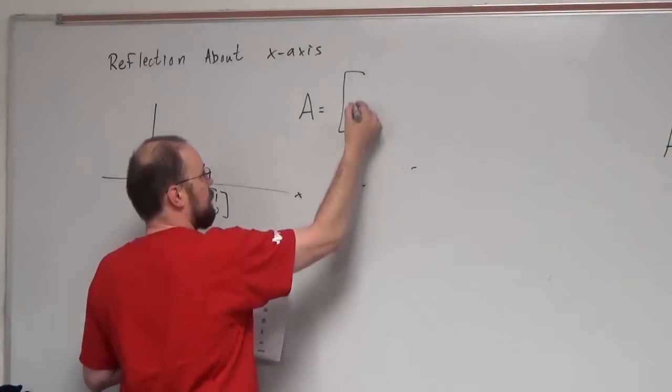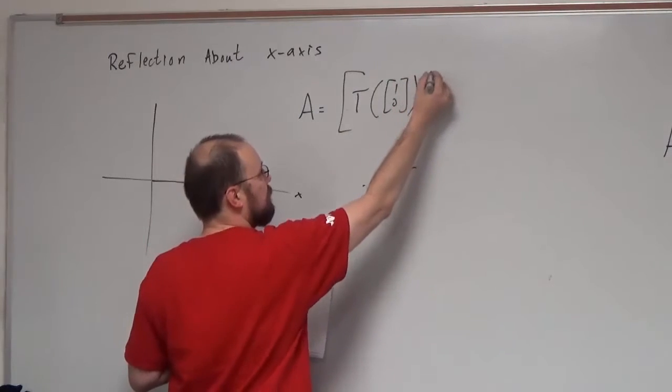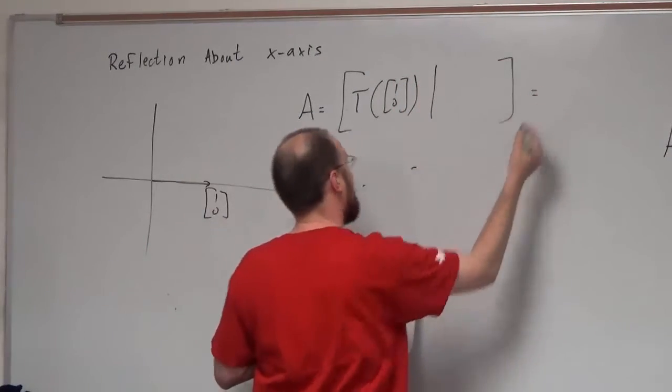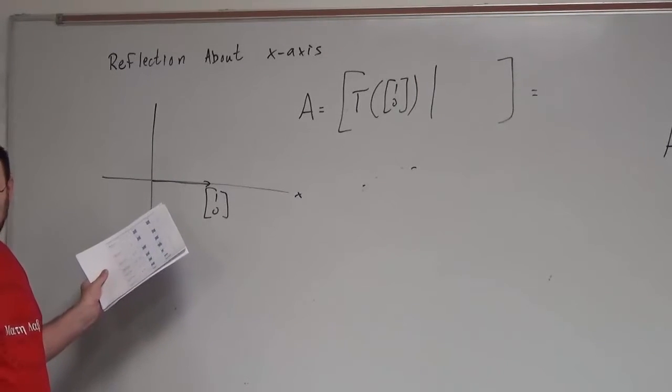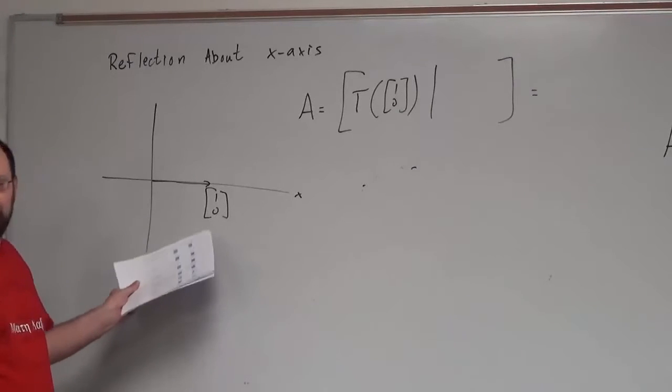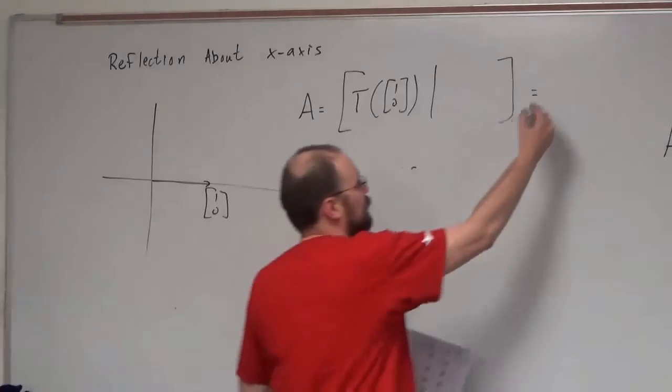So let's find the matrix. The first standard basis element, once you reflect it about the x-axis, what does it become? (1, 0). Reflected by the x-axis, it stays on that x-axis, right?